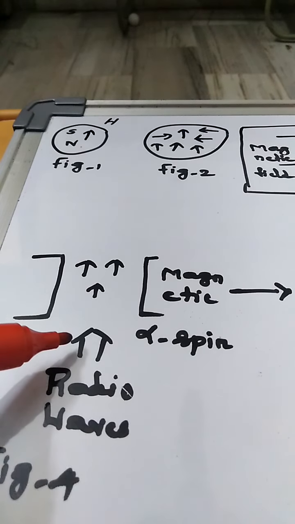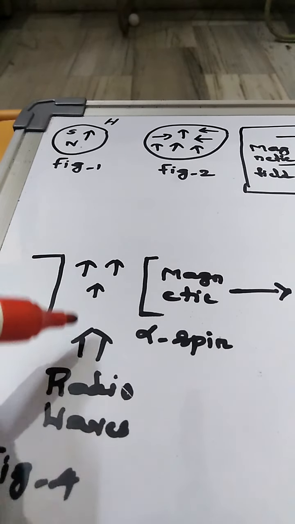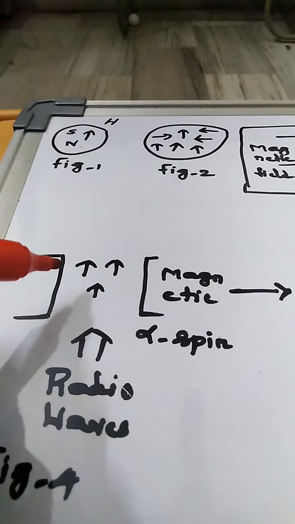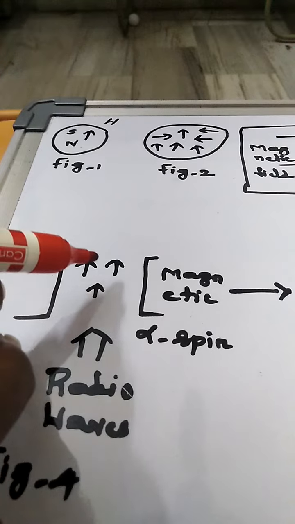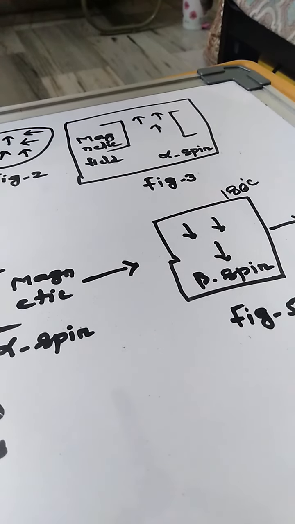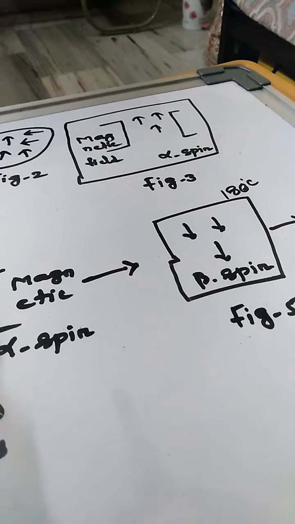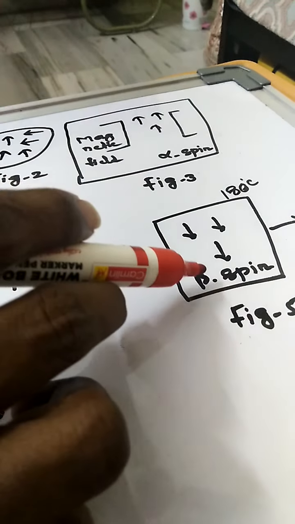We apply radio waves externally, and what will happen? These nuclei, or these protons, will absorb the radio wave energy, and by absorbing this energy, the spin of the nucleus will be flipped by 180 degrees, to its opposite direction, like this. So the spin state present initially will be flipped to another spin state, and that is called the beta spin state.